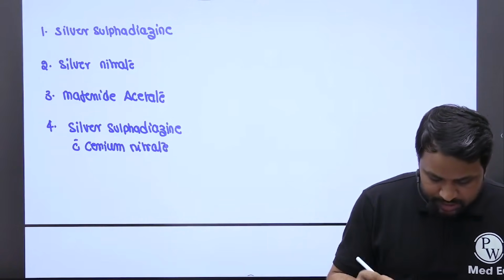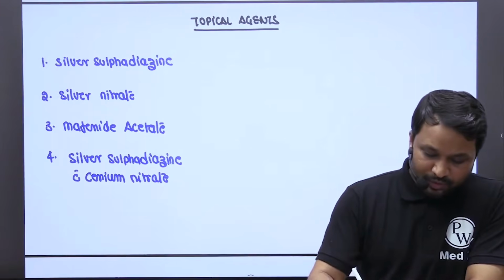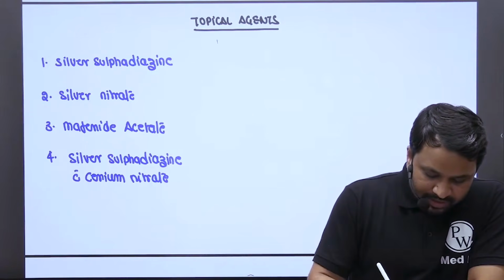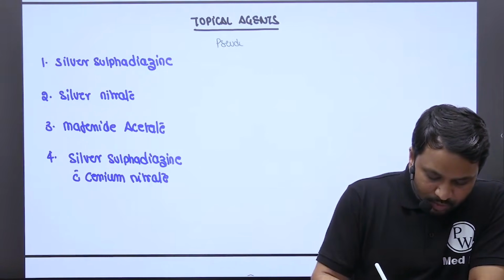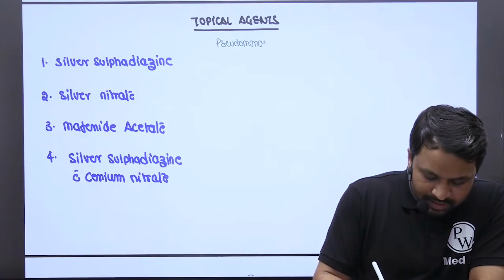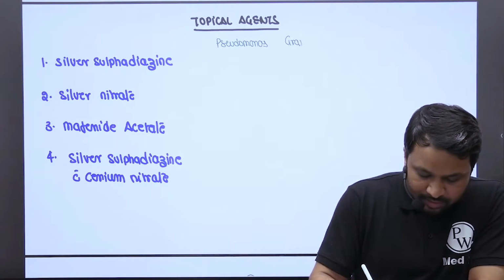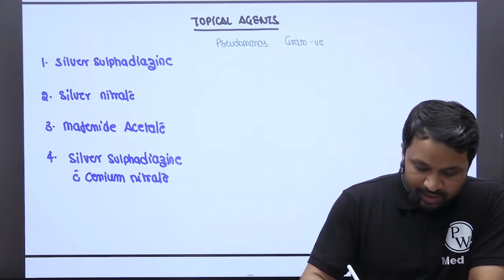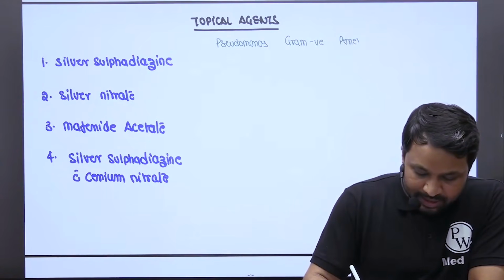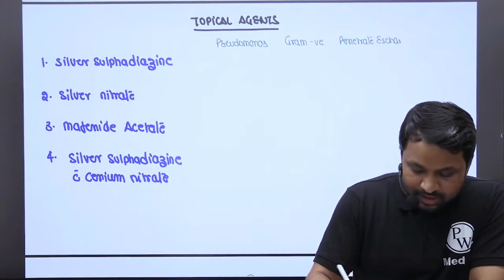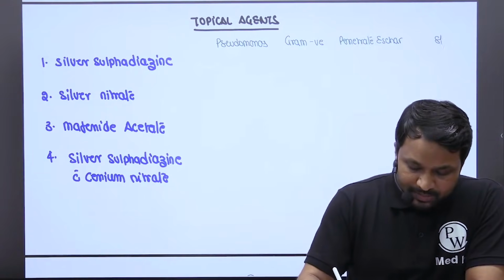Now, whenever you're using any topical agent, the criteria you will see are whether it is effective against Pseudomonas, whether it is effective against gram-negative bacteria, and whether it can penetrate an eschar, which is a fibrotic scar that forms over the burn. And is there any specific side effect?